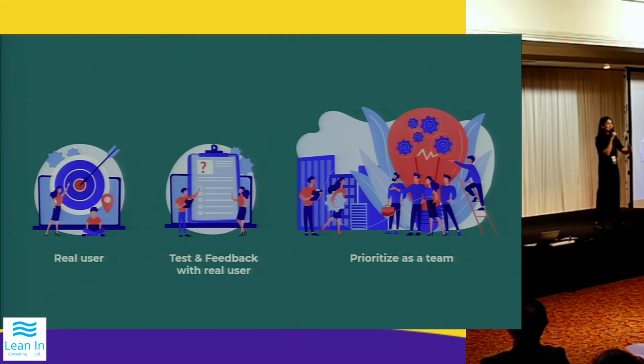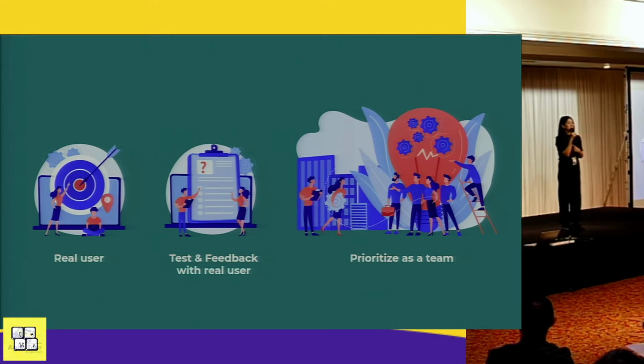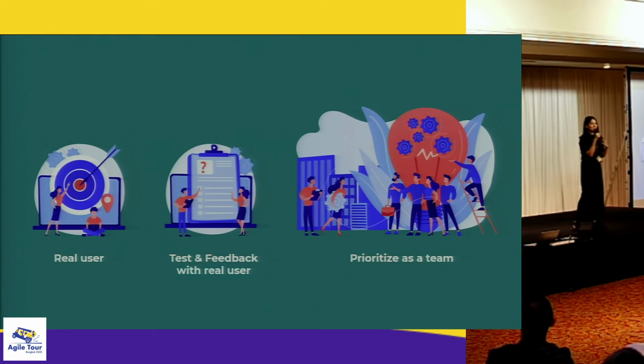And the last but not least is to prioritize and plan as a team. Communication is really, really important. What are your common goals? And what do you feel? Speak up, ask for feedback, talk to each other so we can work in Agile together.